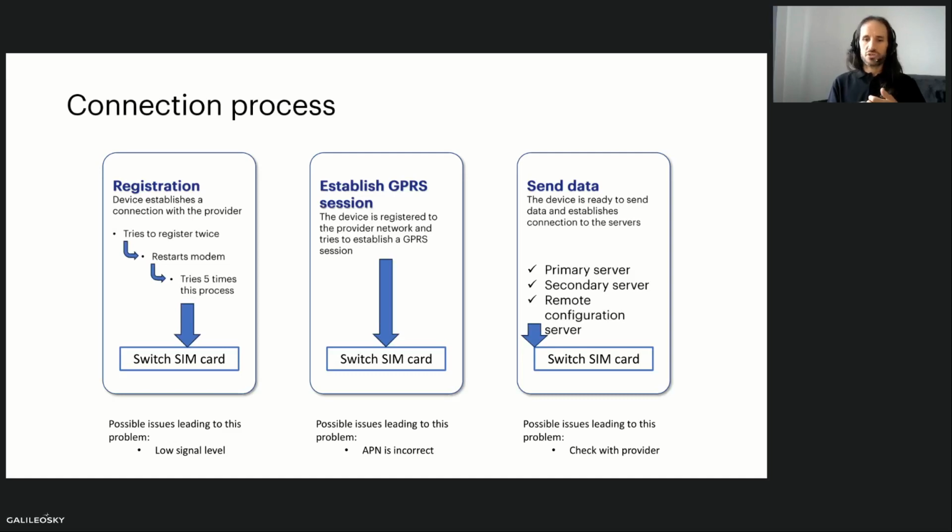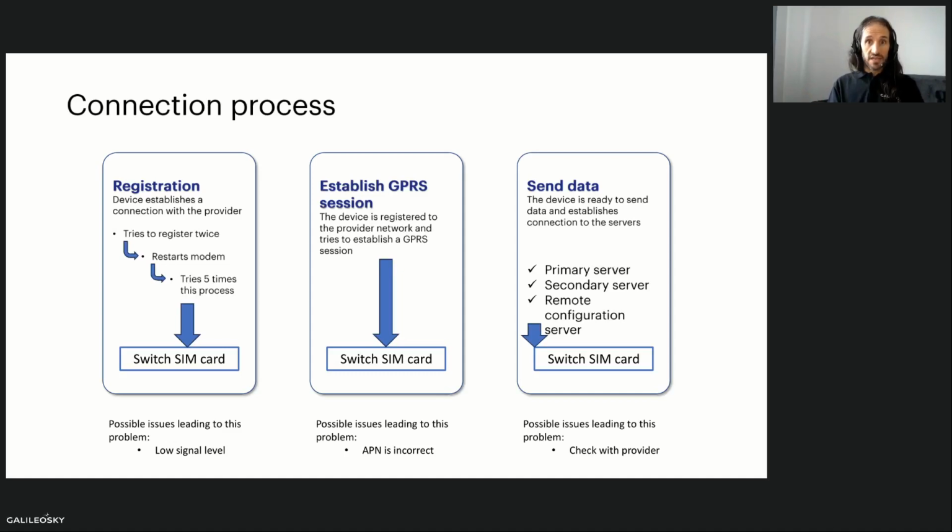What's the most common problem that you will find doing this step and failing? It's because the APN is incorrect. Maybe it's not the APN, maybe it's the username, maybe it's the password, but in general it goes along this way. Some providers, as here in Russia, don't use APN, so you will not have problems in this step. But a lot of providers around the world use this kind of mechanism.